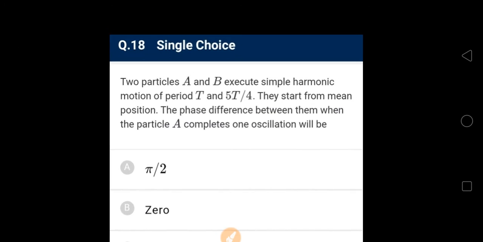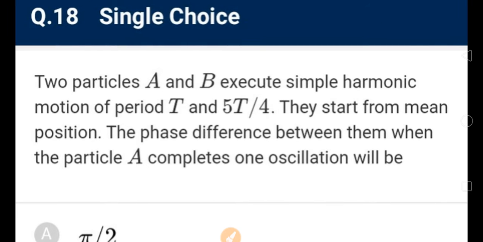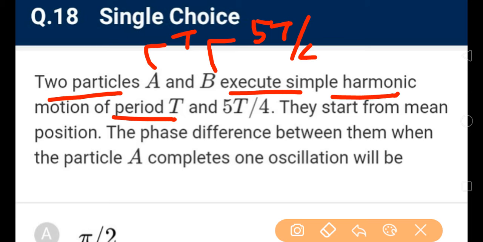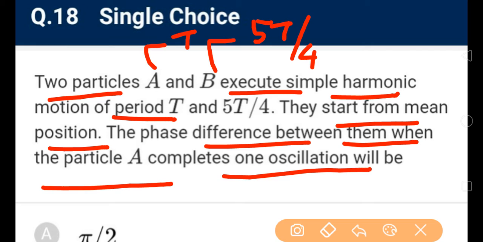Next question, 18th question. Two particles A and B execute simple harmonic motion of time period T and time period pi T by 4. Right. They start from the mean position. The phase difference between them when particle A completes one oscillation. Particle A completes one oscillation means at what time?